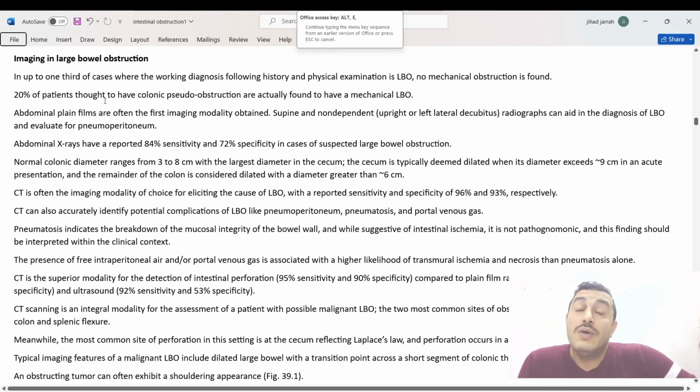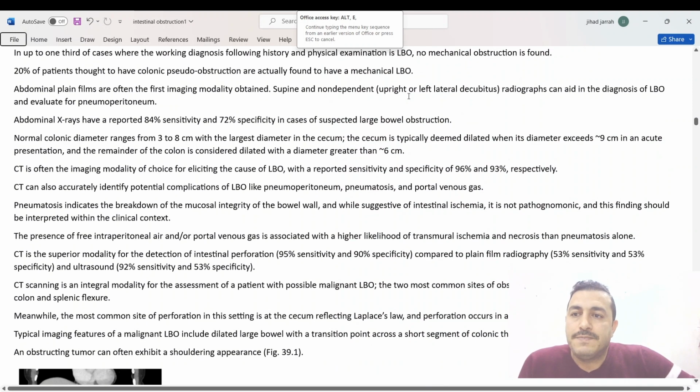Also, in 20% of patients thought to have colonic pseudo-obstruction, meaning no mechanical cause, we pick up a mechanical cause on radiological imaging. So the radiological imaging can help us.